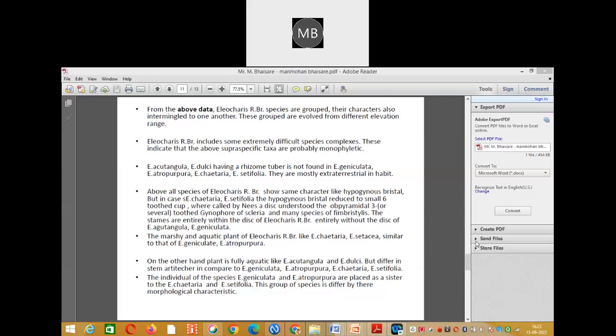The marshy and aquatic plants of Eleocharis, like Eleocharis retroflexa, are similar to those of Eleocharis geniculata and atropurpurea. On the other hand, plants that are fully aquatic like Eleocharis acutangula and Eleocharis dulcis differ in stem architecture compared to Eleocharis geniculata, Eleocharis atropurpurea, retroflexa, and also setifolia.